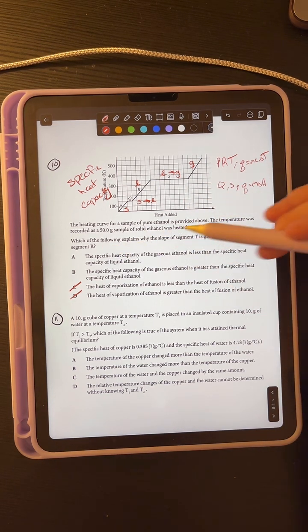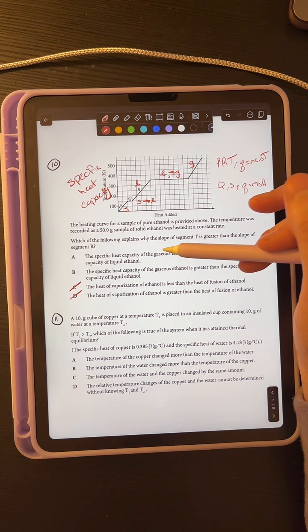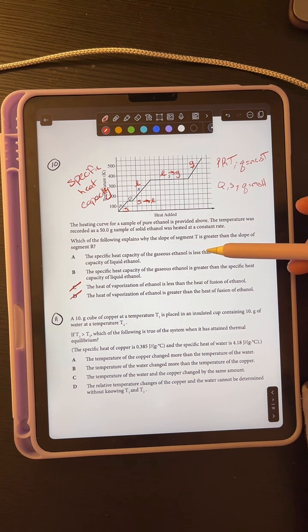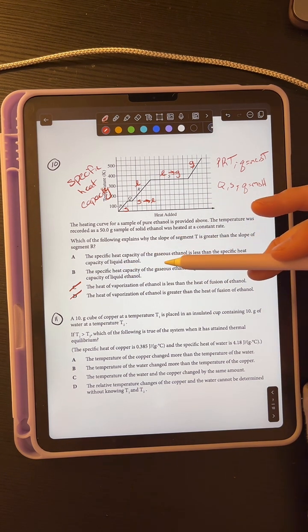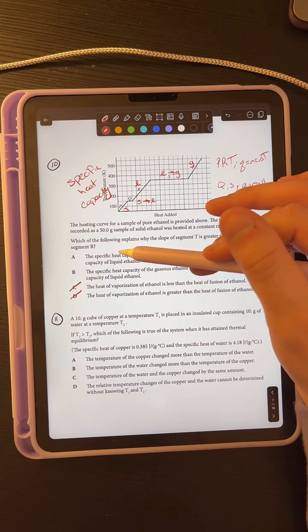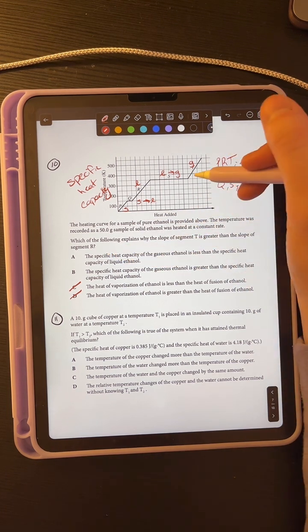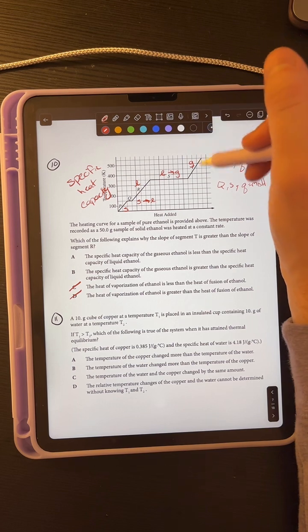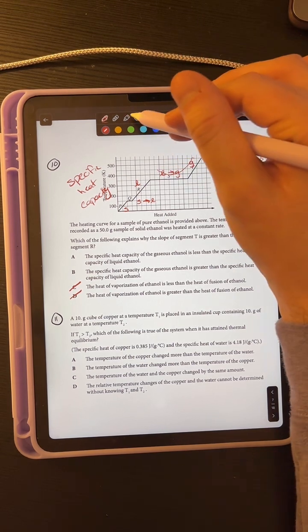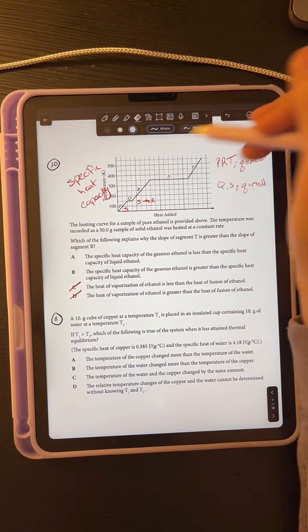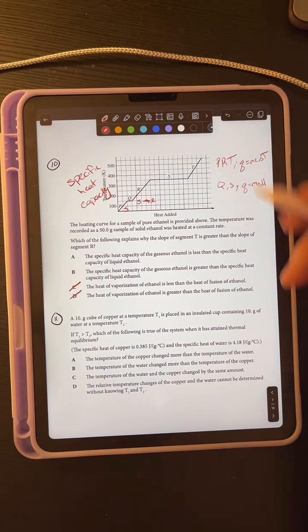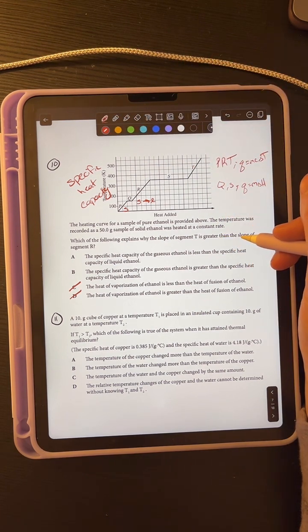So let's take a look at A. The specific heat capacity of the gaseous ethanol is less than the specific heat capacity of liquid ethanol. Well, if we look at the gaseous ethanol, that was T. So that was T, and we said that T had a greater slope.